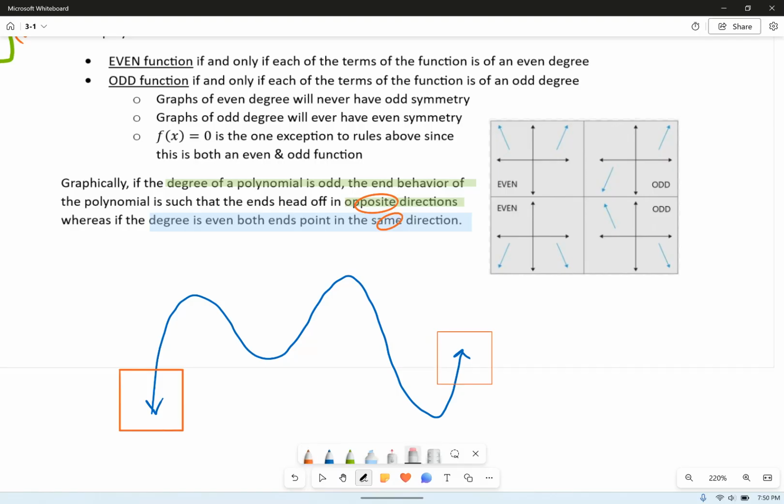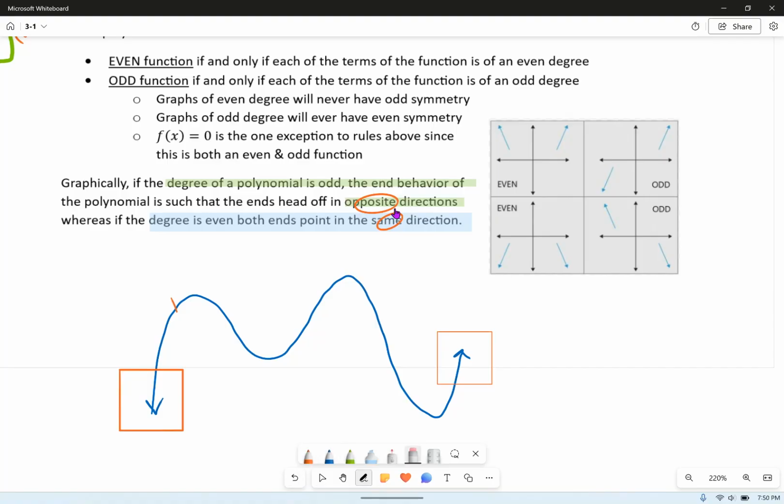So literally, this piece right here, whoa, I did not mean to erase that. How can I erase it? Why is it erasing the whole thing?